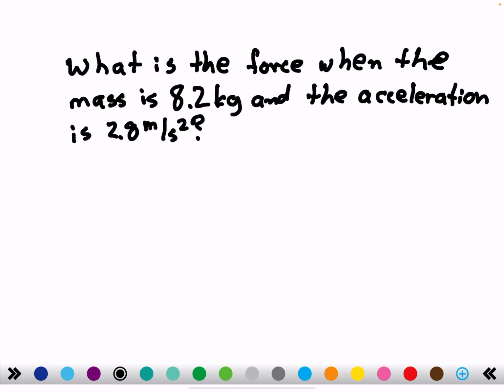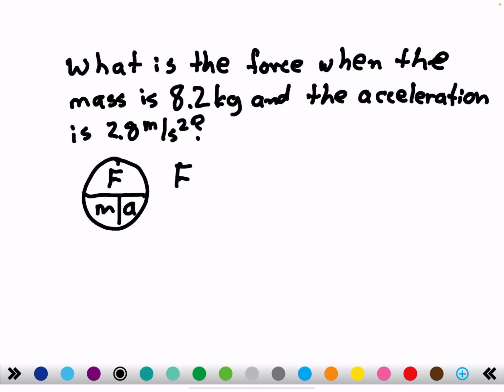Please pause the video and try this problem on your own, and restart the video when you have a solution. What is the force when the mass is 8.2 kilograms and the acceleration is 2.8 meters per square second? So we draw our formula circle. F equals ma.